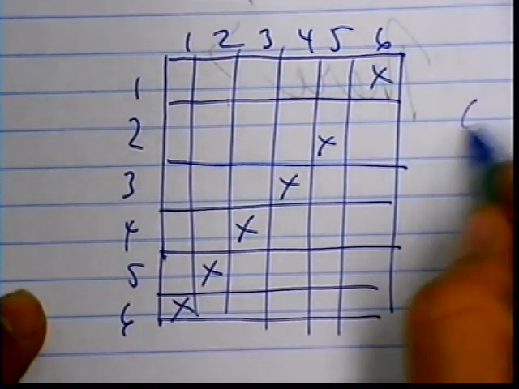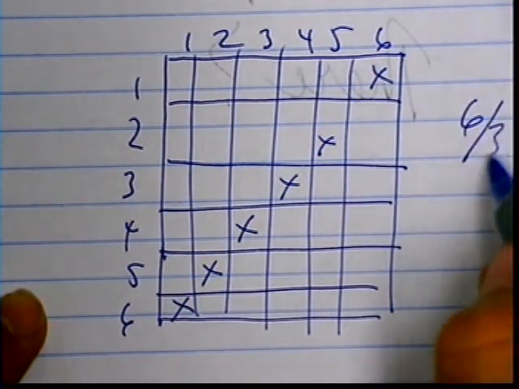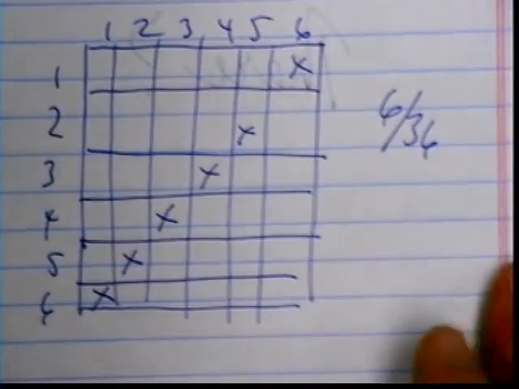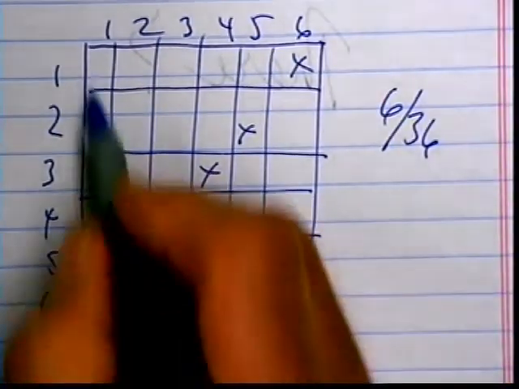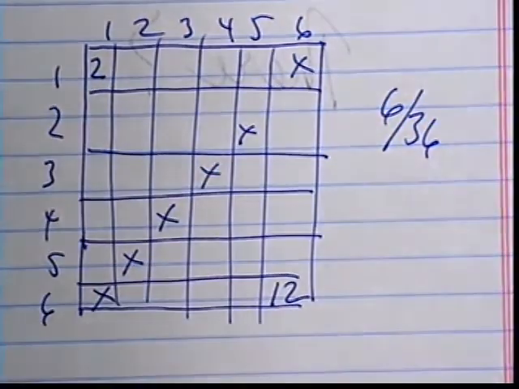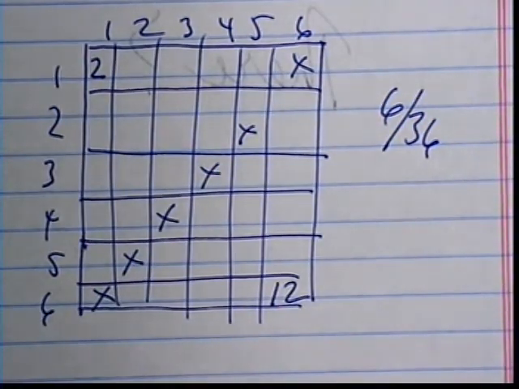So there are 6 possible ways out of 36 to get that. And then over here, there's only one way to get a 12 and only one way to get a 2. So again, hopefully that's helpful to you, and we will conclude this second part, and then we'll start with the third part in just a minute.